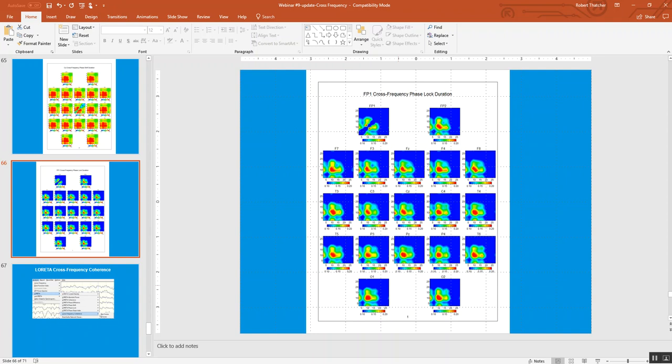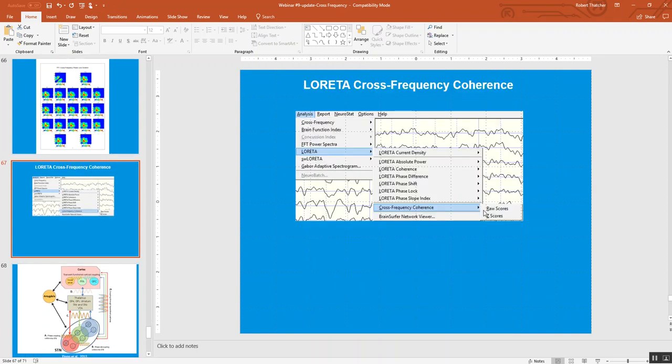You can save these, you can get text-delimited files, you can do statistics on them, etc. Now we also have cross-frequency coherence, which is important, as well as LORETA phase slope index. Now this is not cross-frequency, but the cross-frequency coherence is clearly cross-frequency, and that's between the center voxels of the 88 Brodmann areas, or the hubs and nodes, so we can look at how frequency is coupled.